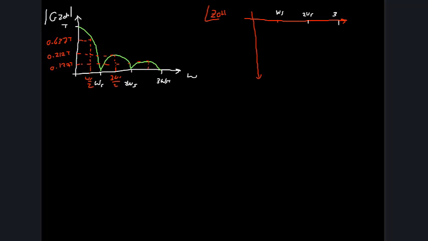Let's assume this is 3 omega s, and let's assume that this is the line of minus pi. So the angle will start increasing in the negative direction from 0 until reaching minus pi, and it will repeat itself.